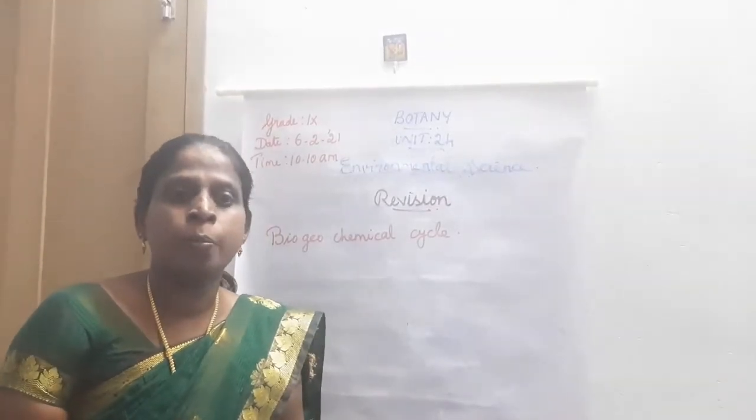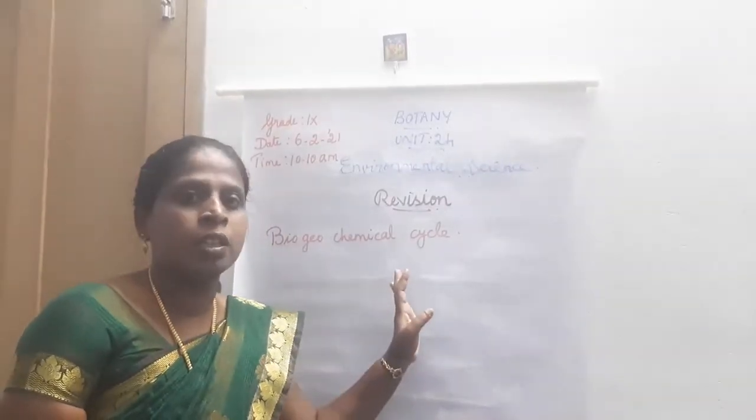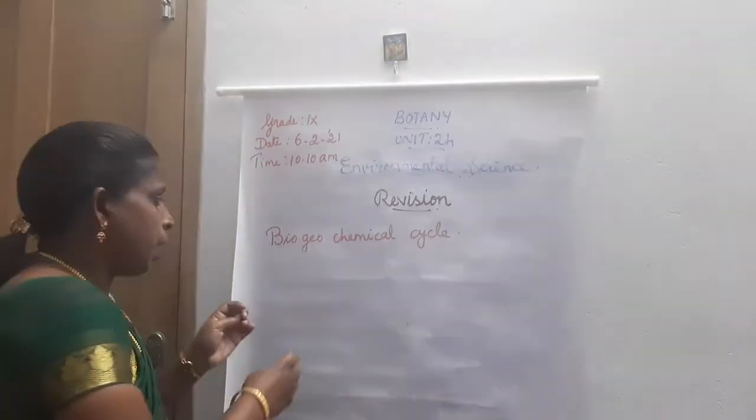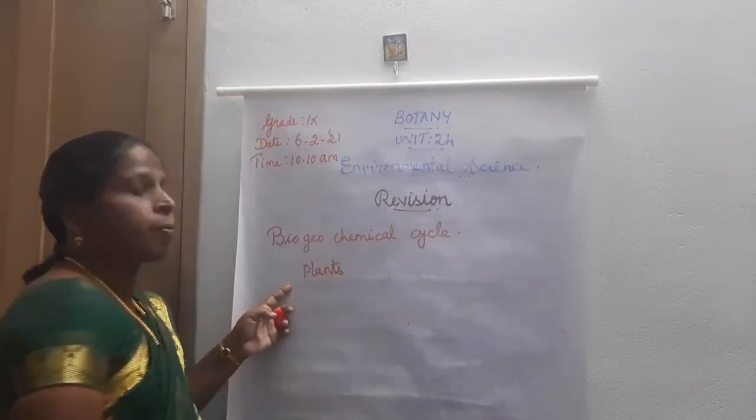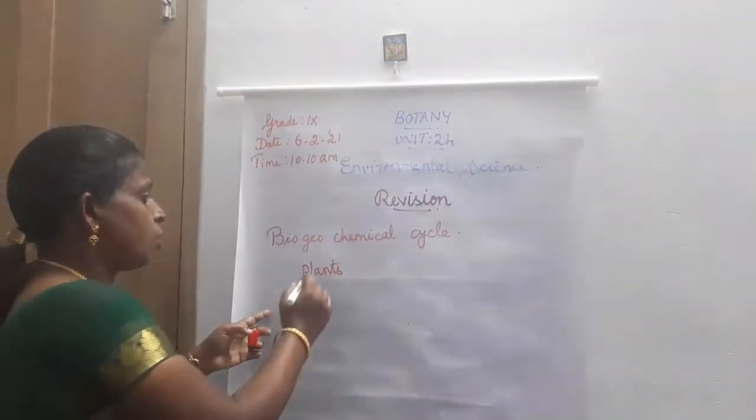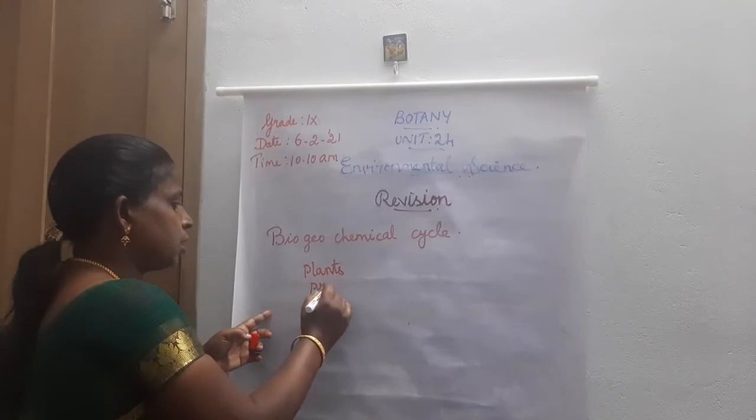We all know the plants are producing food materials by the process of photosynthesis. So they are called producers.